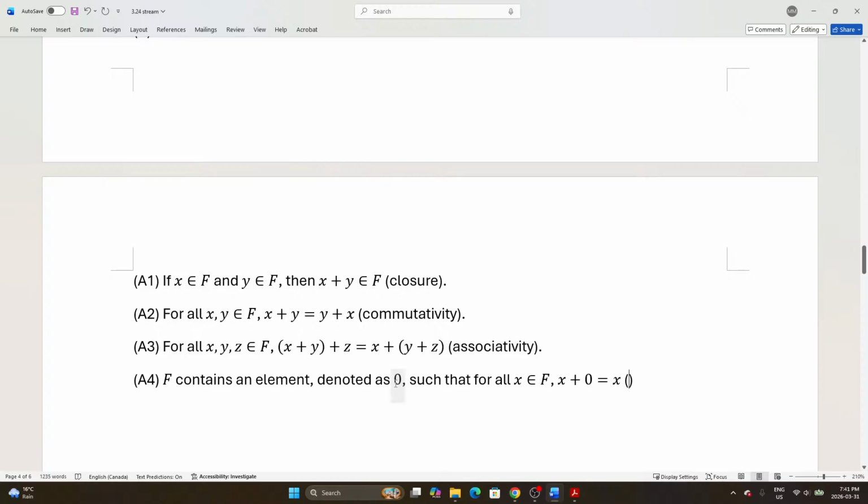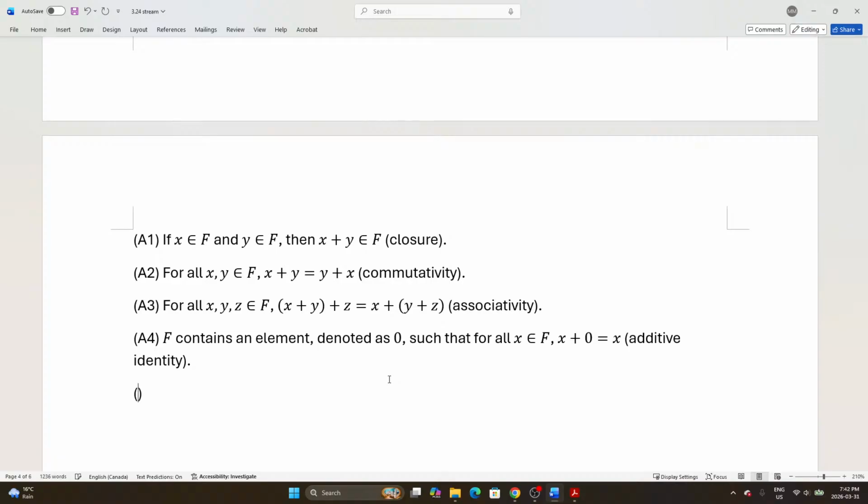A4 defines the additive identity, aka 0. The additive identity must exist. All right, so that's the fourth addition axiom.